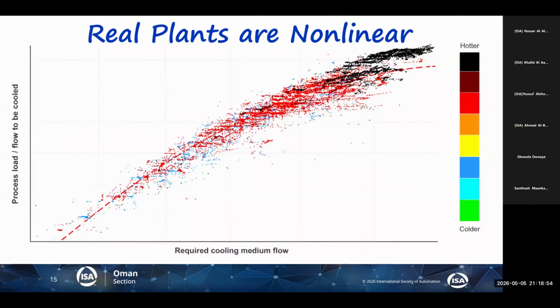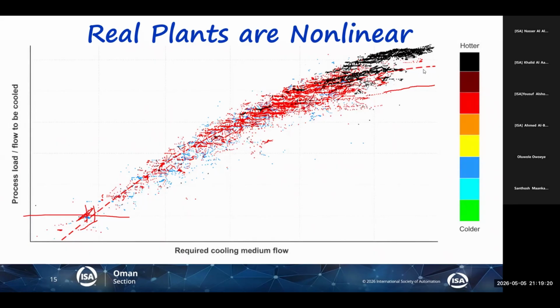And down here, the orange and the black will be near each other, which means for the same process load, if I want to have a colder temperature, imagine 1 degree Celsius, this is how much cooling medium I need to put.